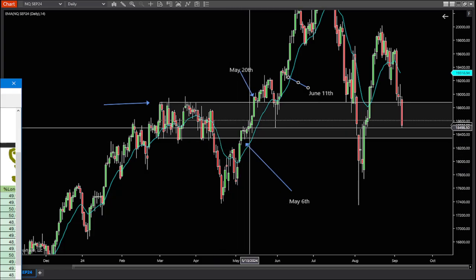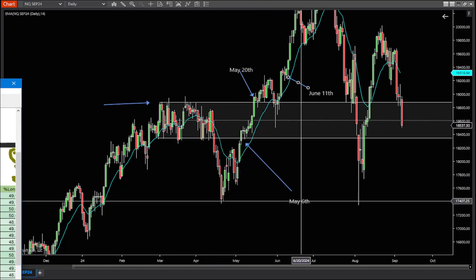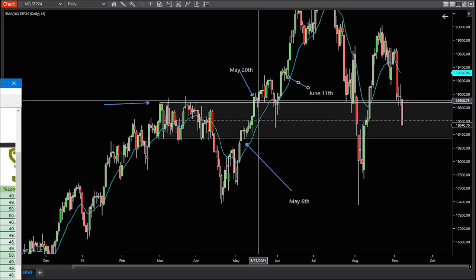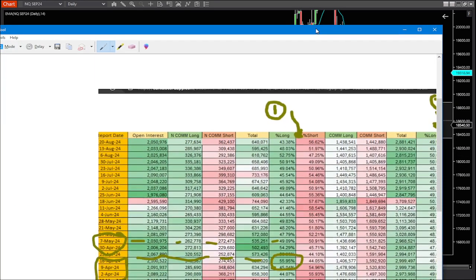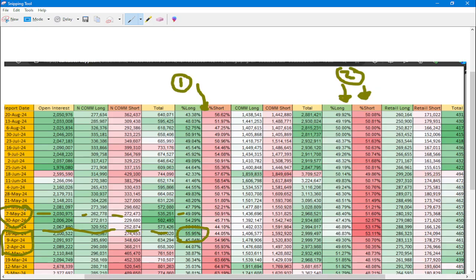Price came back up into cost basis around May 6th to May 20th. So we're going to look at all of May on the Commitment of Traders report. Now, if we look at all of May in this area here, what do you see? 49%. They covered their longs inside of cost basis.